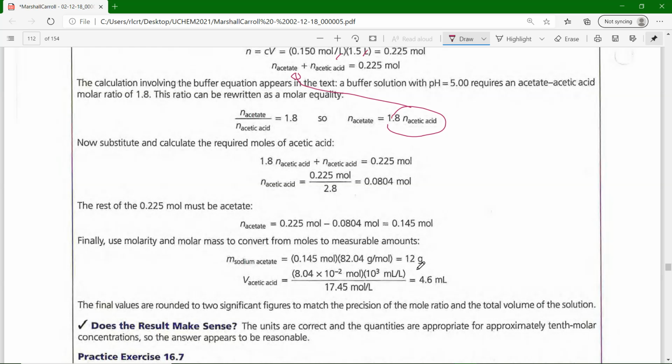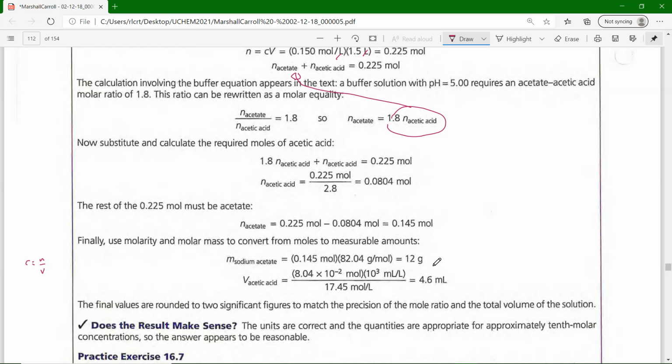Now acetic acid, when you're pouring it in, is a very concentrated liquid, 17.45 moles per liter. What is that? C equals n over V, so V equals n over C. So 8.04 times 10 to the minus 2 moles over 17.45 moles per liter, and they wanted to convert it to milliliters.